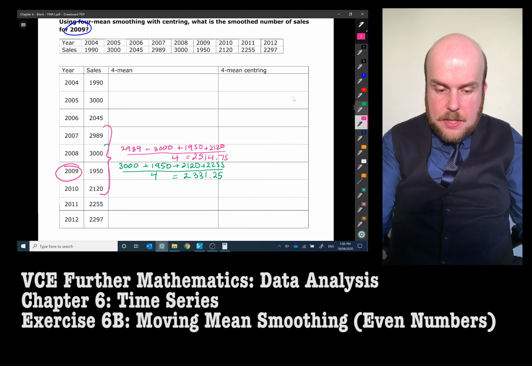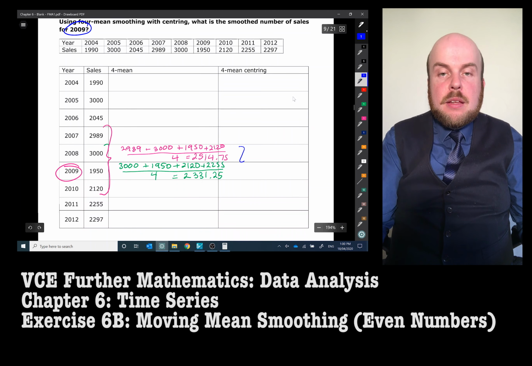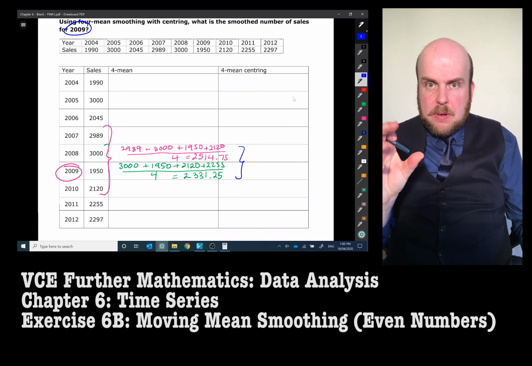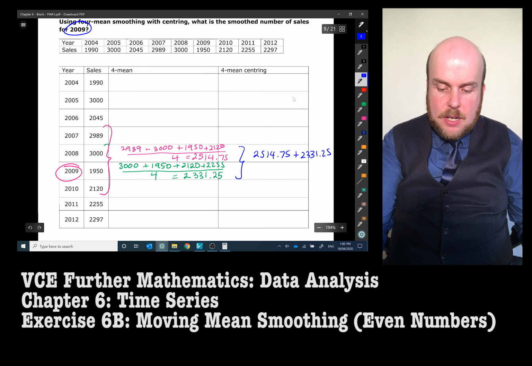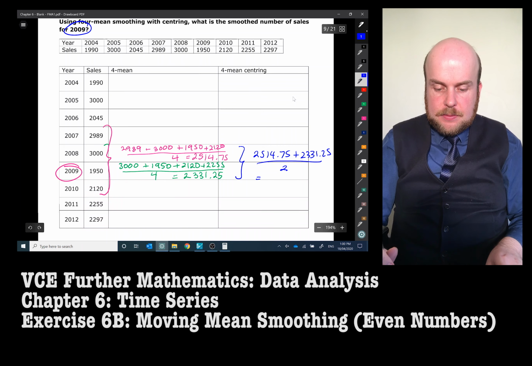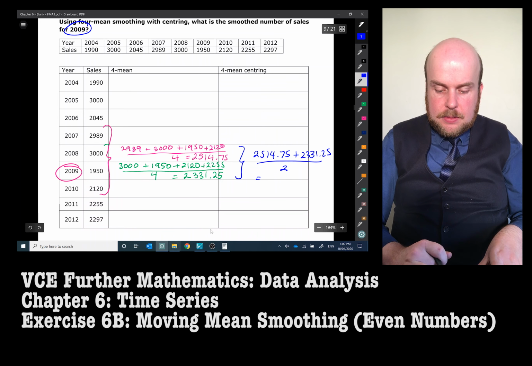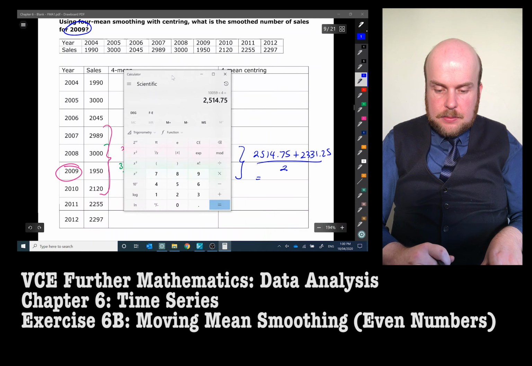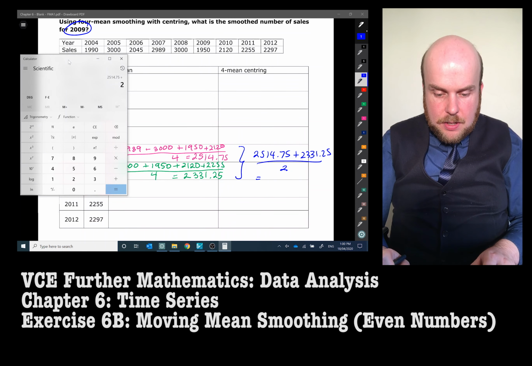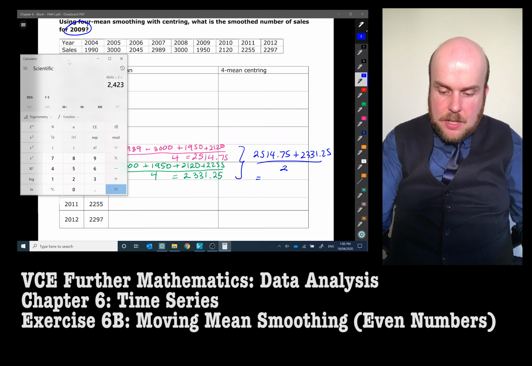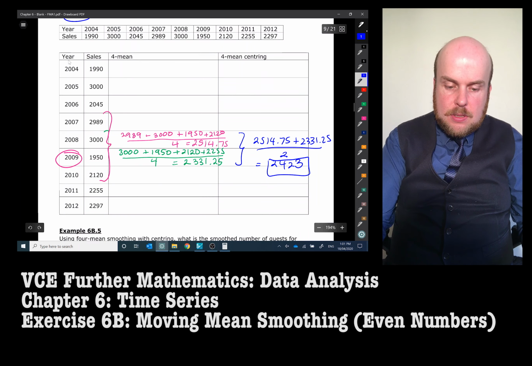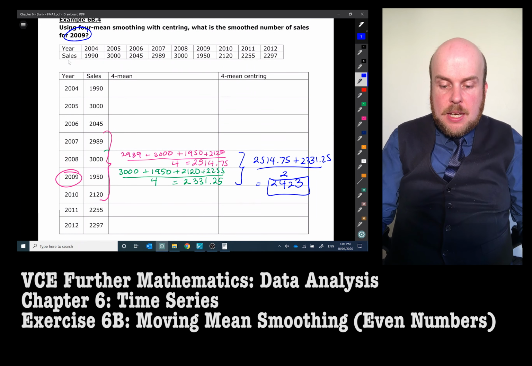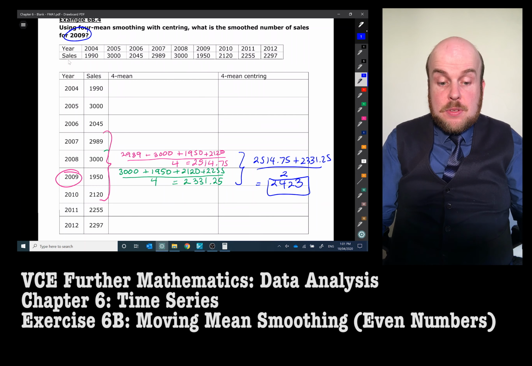So therefore, the mean of those two, because we're now centering those, is going to be 2514.75 plus 2331.25 divided by 2, which is 2423. So that is the smoothed number of sales for 2009 using 4-mean smoothing.